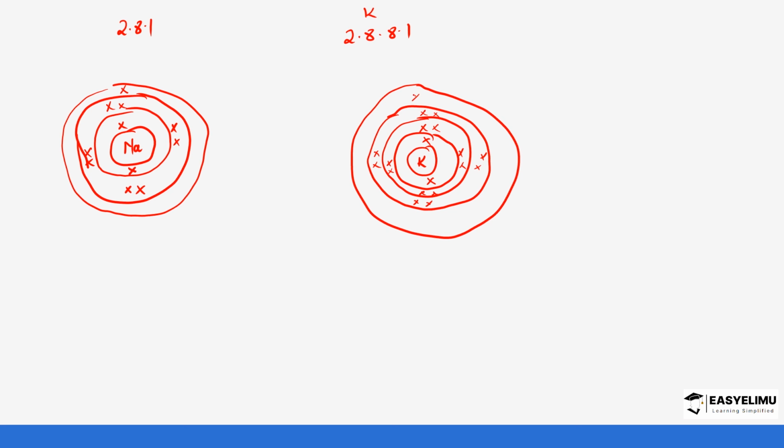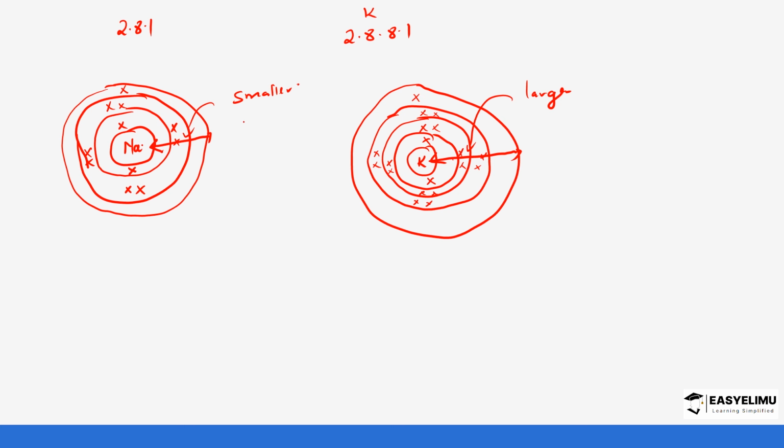in the final shell. So if we look at the distance between the nucleus and the outermost shell, the atomic radius of sodium, and we compare it with the atomic radius of potassium, you'll notice that the atomic radius of potassium is larger and the atomic radius of sodium is smaller. So when we say the effective nuclear charge, the nucleus is holding the outermost electron in sodium strongly in comparison to the nucleus that is holding the outermost electron of potassium.